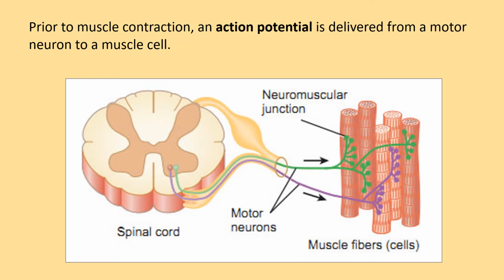And that point of communication between the motor neuron and a muscle cell is called the neuromuscular junction. That's a good word. It's where a neuron meets a muscle cell.